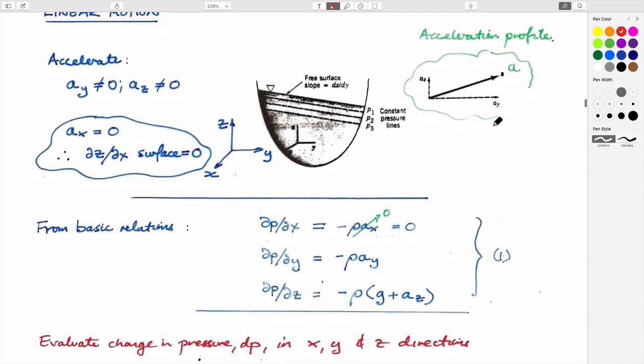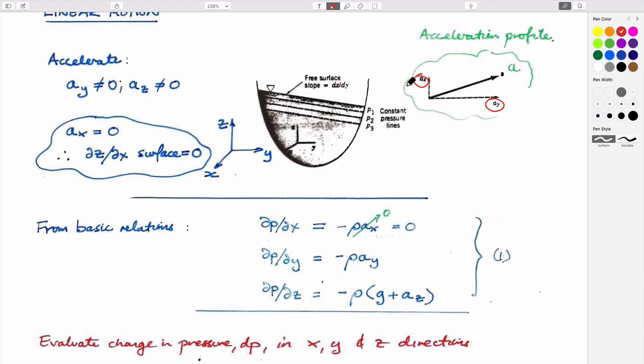And we're going to assume that in our coordinate system, which is x, y, z, we'll have accelerations in only two of those. So we'll accelerate in the y direction horizontally and in the z direction vertically. A positive y and z acceleration is something that goes like this, right? This is the positive y direction in the right-hand rule.